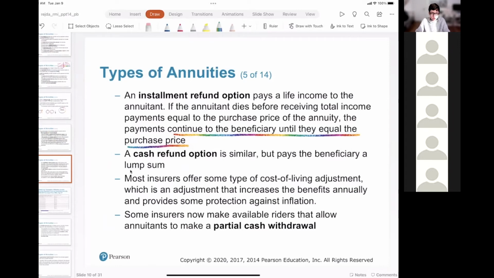We're going to make them take it over a period of time. Versus the cash refund option, which is just one big lump sum. So all of these options for additional ways of getting more money out of the annuity are all interesting, but they absolutely will reduce how much you would get.